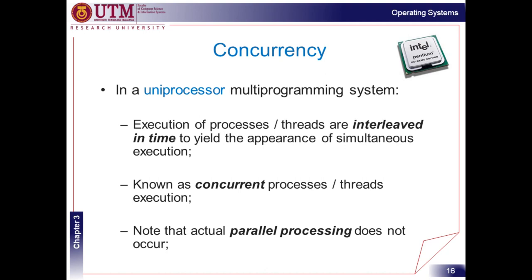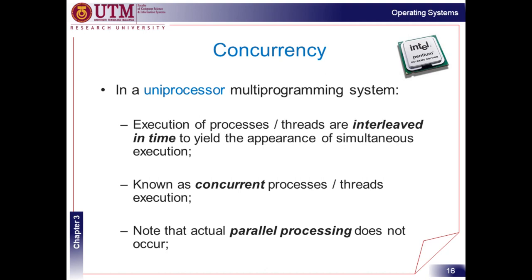It must be noted here that concurrent execution is different from parallel execution. Parallel execution means that multiple processes or threads can run at the same time on multiple processors.